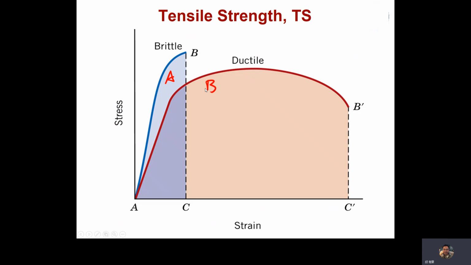The area under the stress and strain curve is called the toughness. The higher toughness means that these materials can absorb more strain energy, that means more capability to absorb energy for deformation.